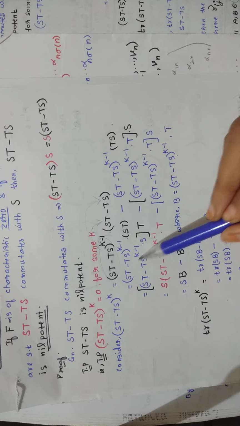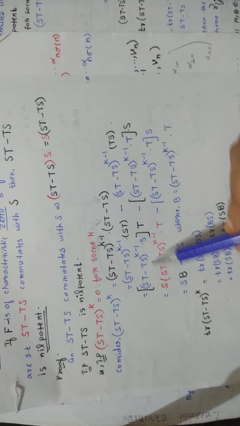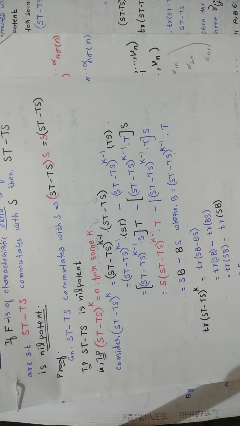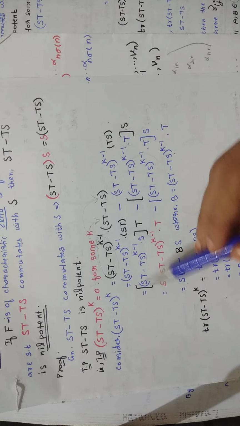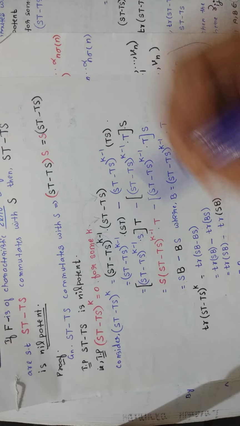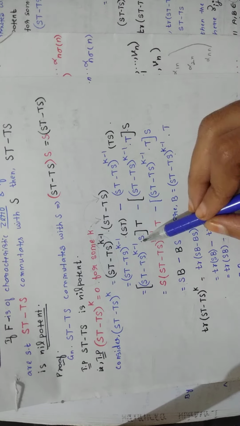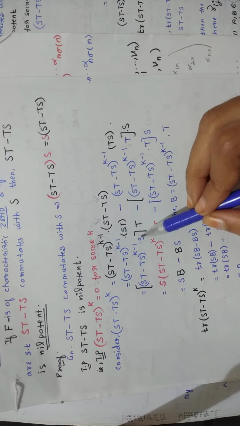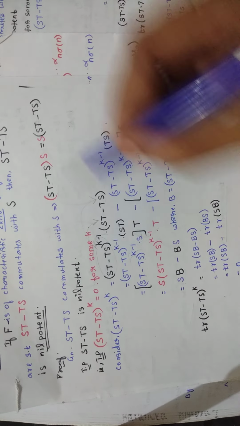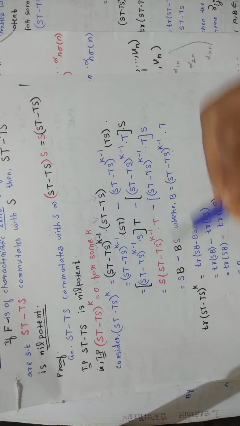This is in this format: st minus ts into s. This is also st minus ts, but you have power here, but the power is not going to disturb you. Look at st minus ts power k into s. This and this are in the same format. So if it is like this, then you can write like this, right? S into this term. Here you are having this into s, so you are writing s into this term. How are you writing it? Using this. After writing this, you will get this.